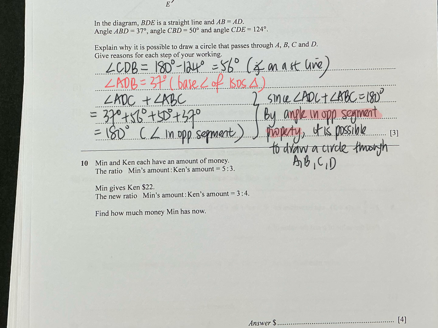Okay, Min and Ken each have an original amount of money. Let it be 5U and 3U. Then Min gives away $22 to Ken, and the ratio now becomes 3:4.